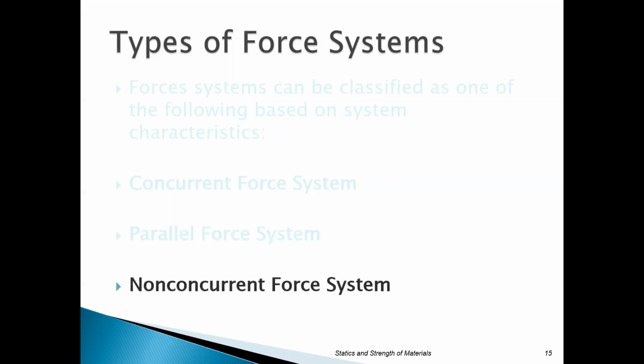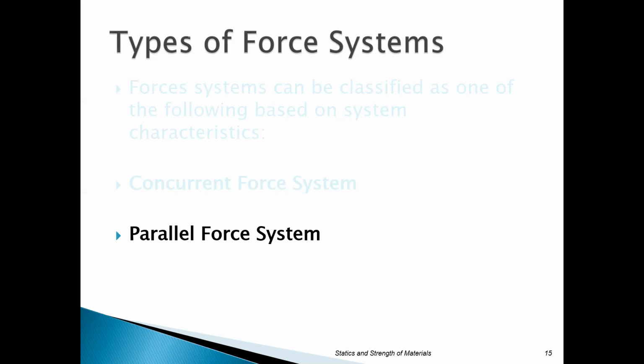And then probably the hardest type to deal with is the non-concurrent. So what you have in this case is that some of the forces are going to intersect, but some of them aren't. So that's a truly non-concurrent. So the parallel force system is a specialized case of the non-concurrent, but it's a little bit simpler because everything is truly parallel. So in that case, nothing intersects, okay?